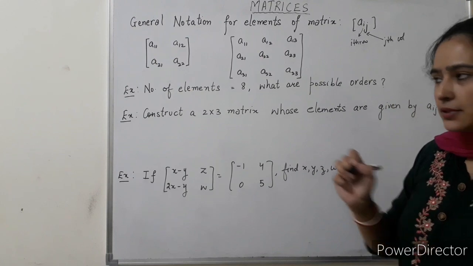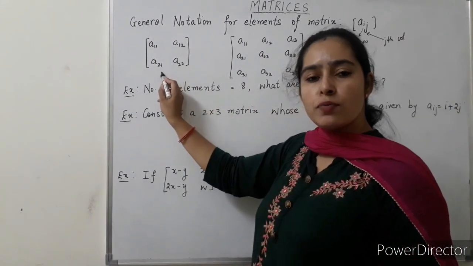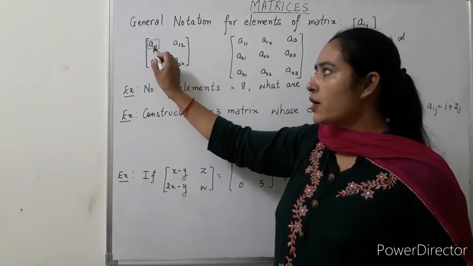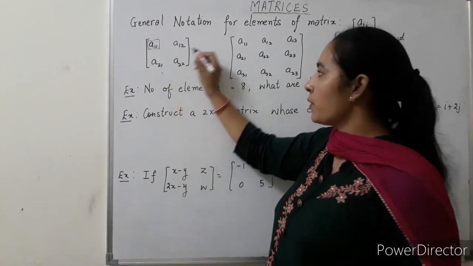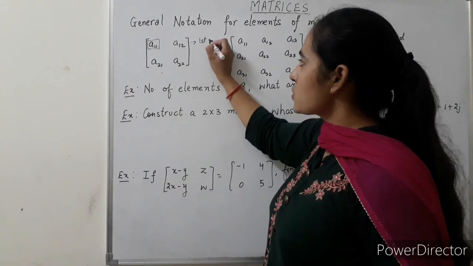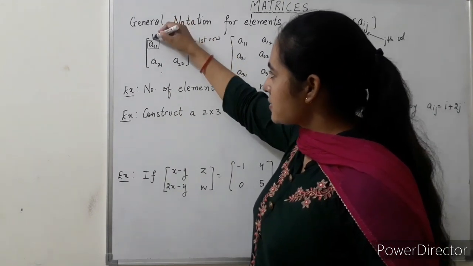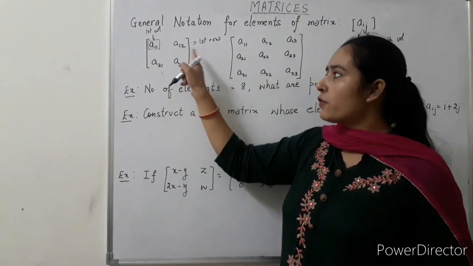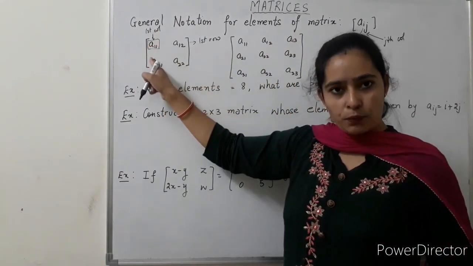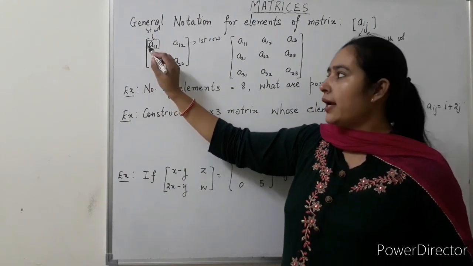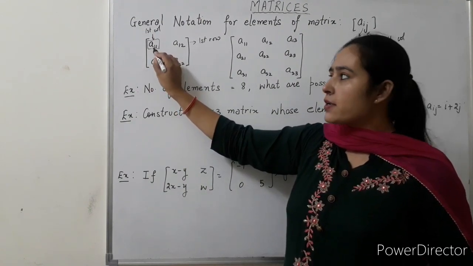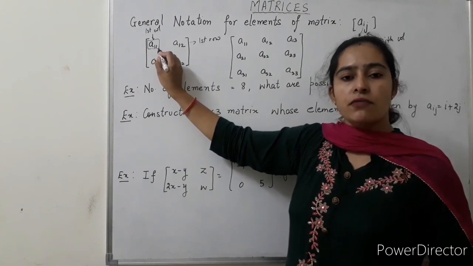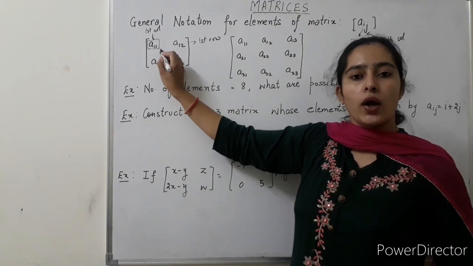For example, if you write a 2 by 2 matrix, then clearly this element is in first row and first column. So it shall be denoted by A11. First suffix always shows the row number and second suffix always shows the column number.